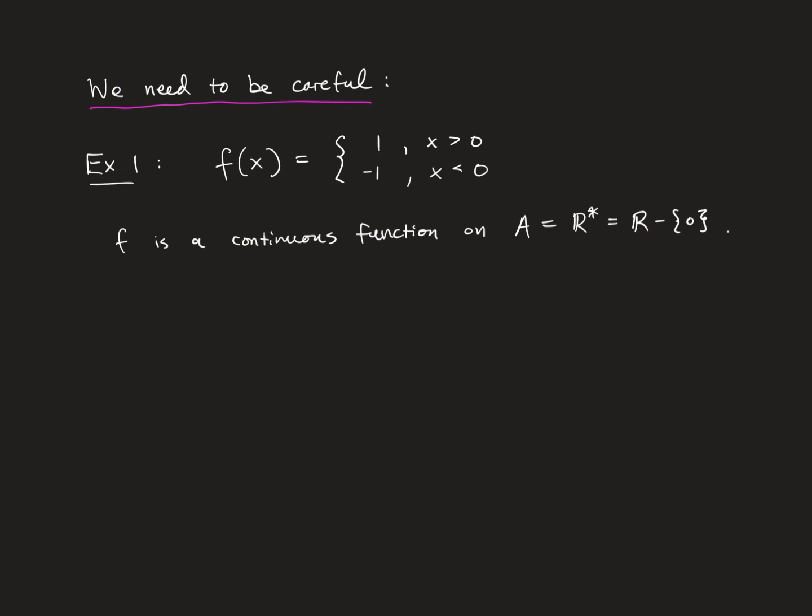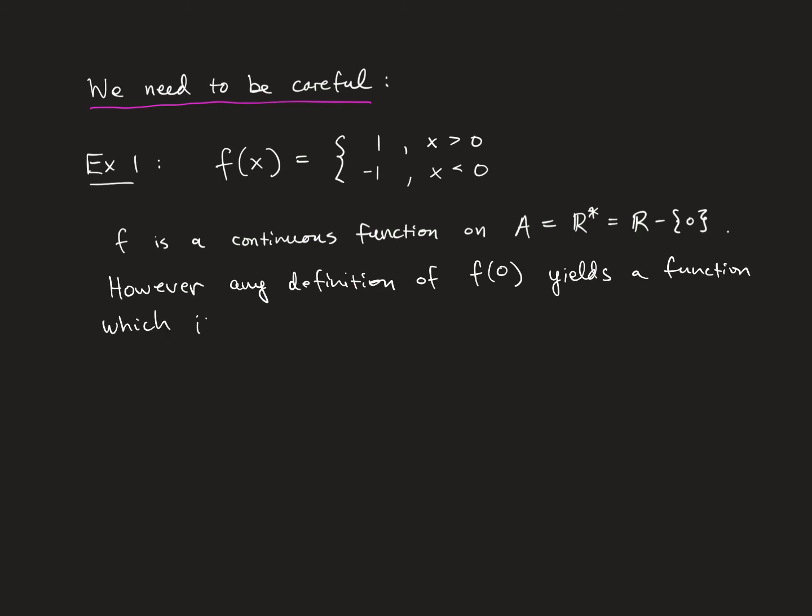This is R minus just the point 0. So you have a continuous function on this domain, but there's no way to extend it to a continuous function on all of R. Any definition of f of 0 yields a function which is not continuous on R. So you should think by analogy: this function is like our exponential function defined on the rationals, which we're trying to extend to the reals.